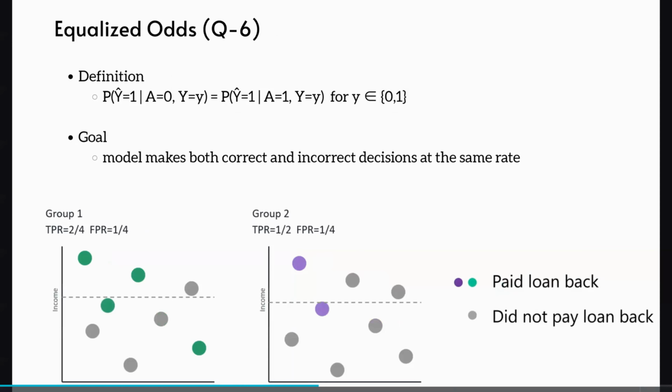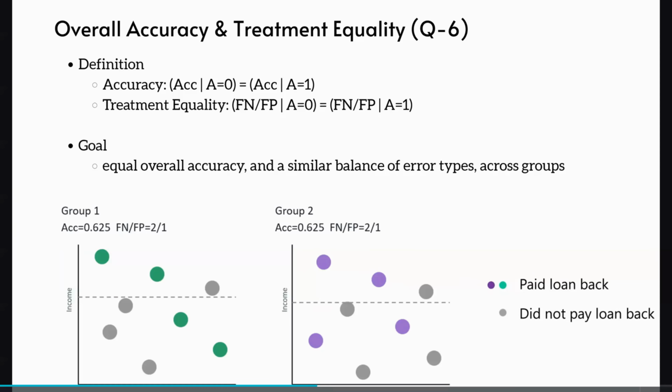Going to the questions, sorry. I mean, understand treatment equality. Yeah, but what does it mean? So basically, when you are just using accuracy, you are not taking into account class balance. That is why we shifted to the TPR, FPR, right?